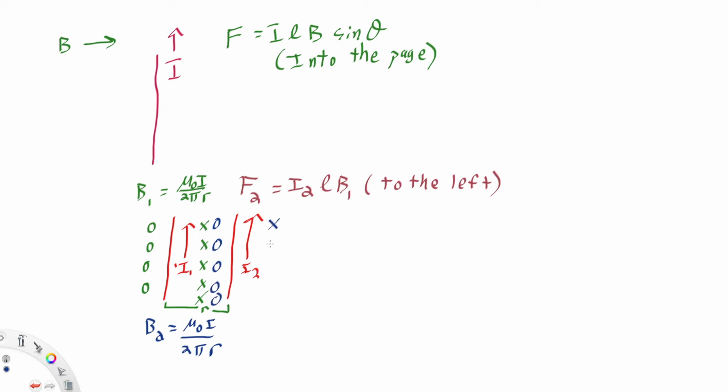It'll be going into the page on the other side of wire 2. And the force then on wire 1 will be I1 L B2. And again, let's break out our right hands. So current going up, B field from wire 2, the blue B field is coming out of the page, so our palm's pointing to the right.